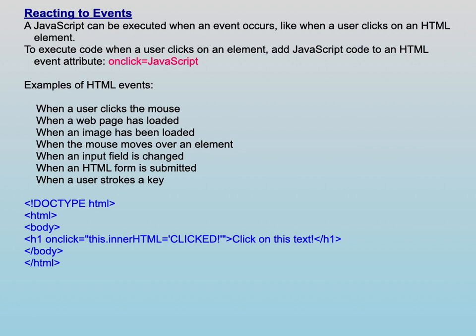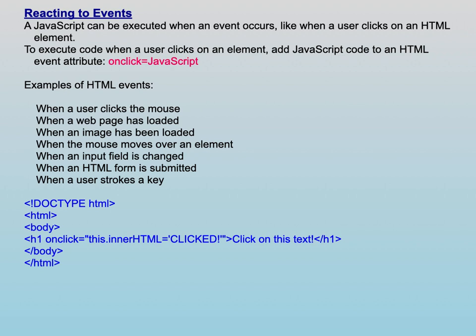Why? onclick equal to this.innerHTML equal to clicked, that is a value assigned to a particular event handler. onclick is the event handler here. The value assigned is this. This represents the current element or current object. So h1 is the current object. h1.innerHTML is equal to clicked.